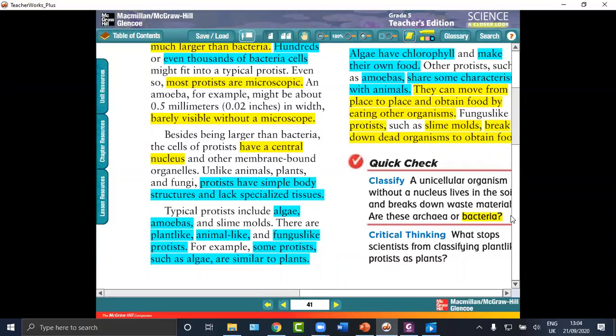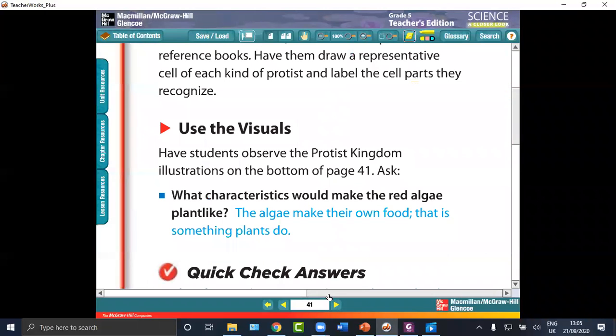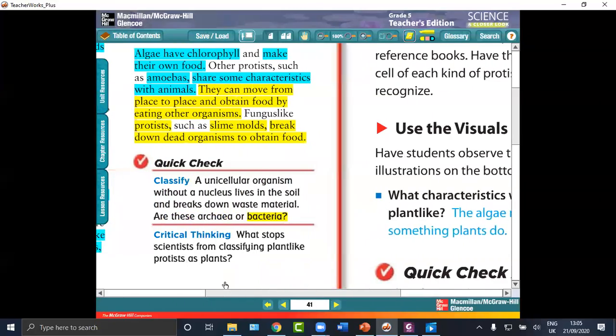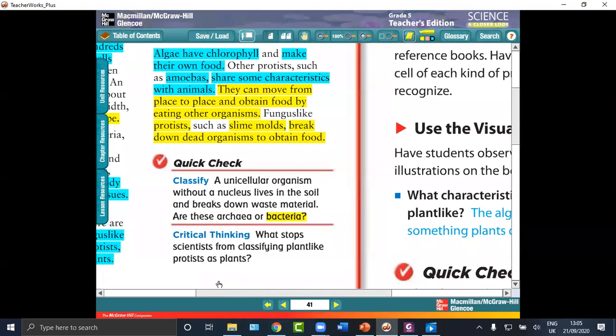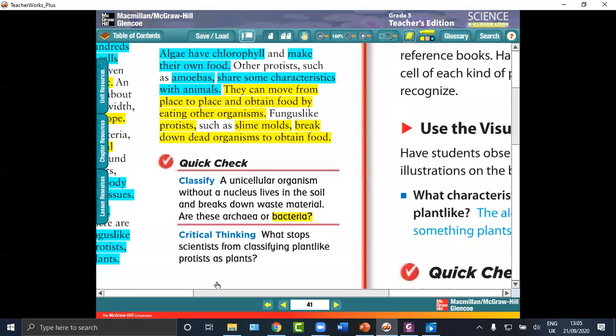Critical thinking: what stops scientists from classifying plant-like protists as plants? Here's the answer for critical thinking.